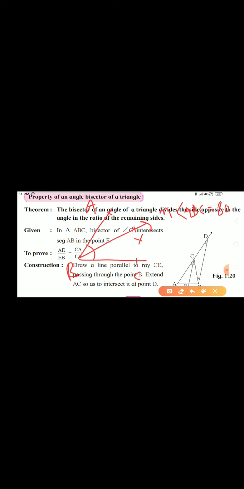Angle B was 80, and now these two angles become 40 degrees and 40 degrees. So this is the concept of angle bisector.